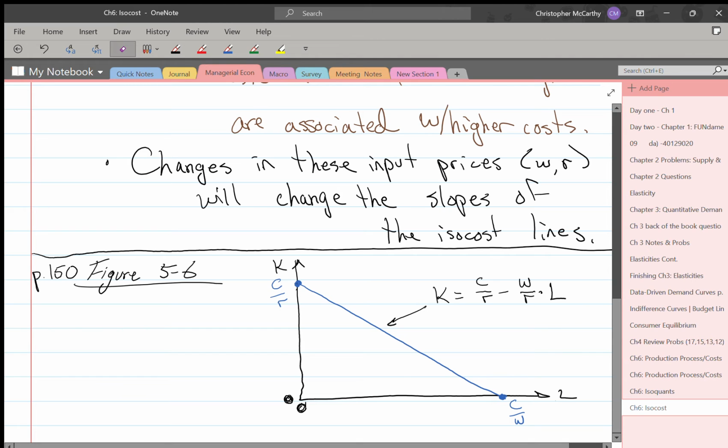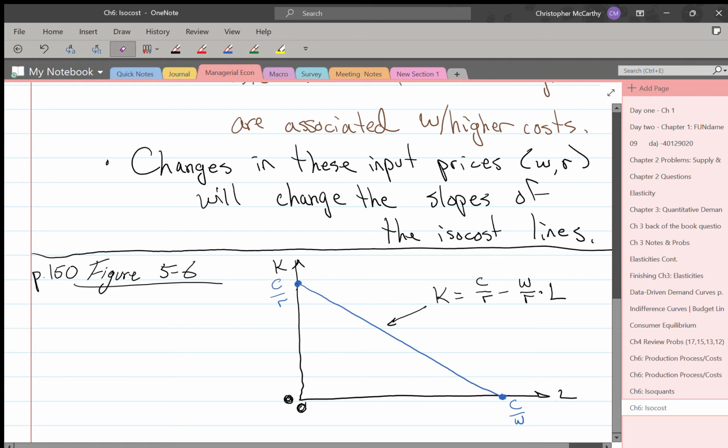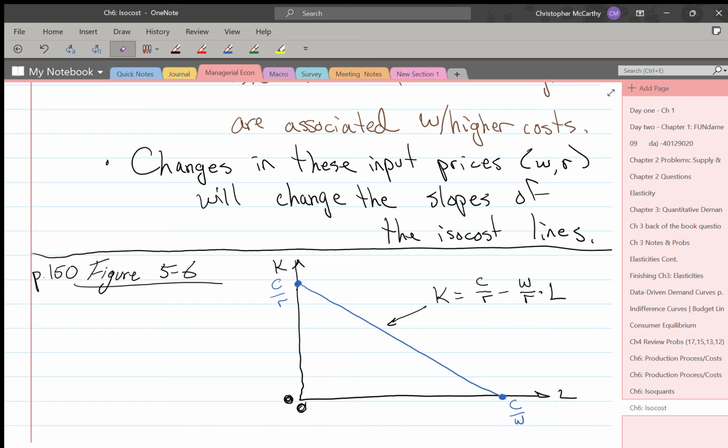All right. Any questions on setting up our isocost? What's the slope of this line? You can't figure out what the slope of the line is from the equation? Y equals mx plus b?